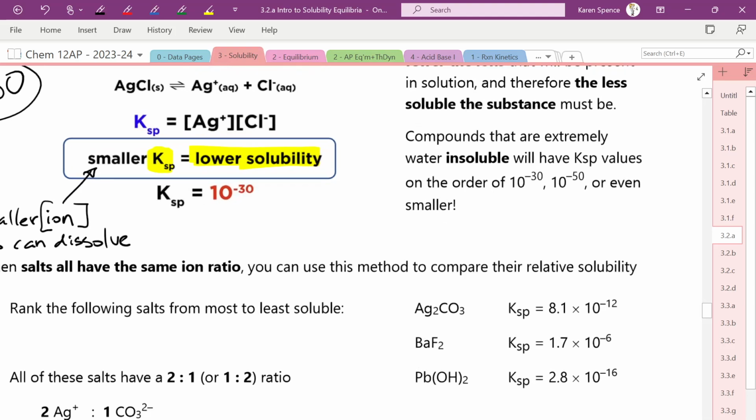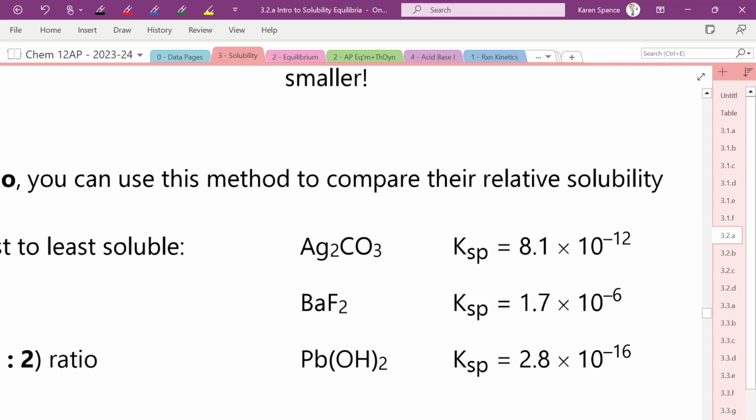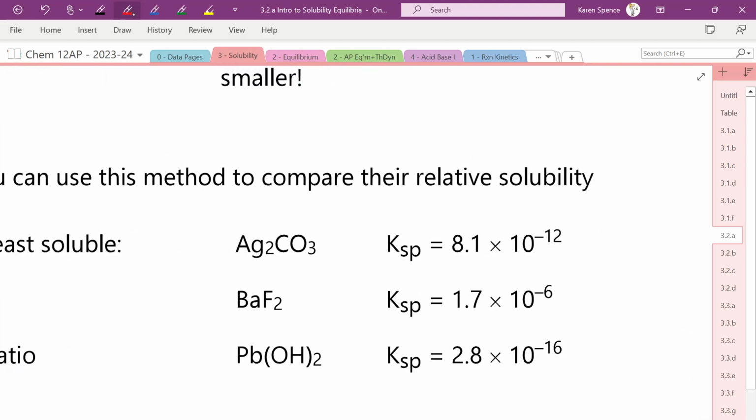So let's take a look at these three salts here. This first one, we could say it has the formula A2B. Yes? So we have a 2:1 ratio. In our second salt, we have AB2, so we also have a 2:1 ratio.